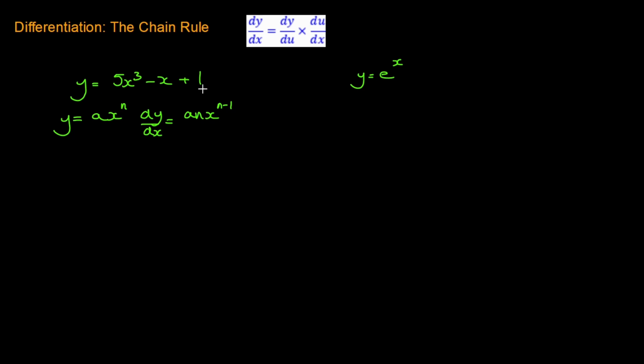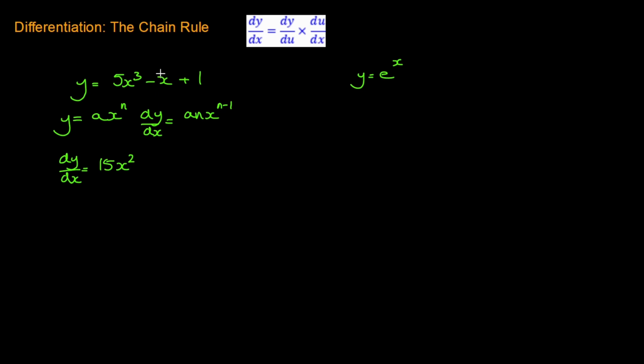And we do that for all terms. So the differential of the function in our example becomes dy/dx is equal to, the 3 comes down and multiplies by the 5, so we get 15x, and we reduce the power of 3 to the power of 2, and that's the first term.